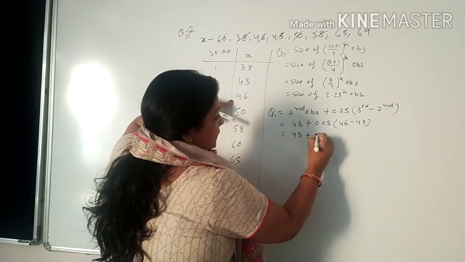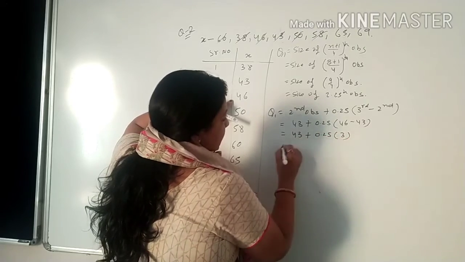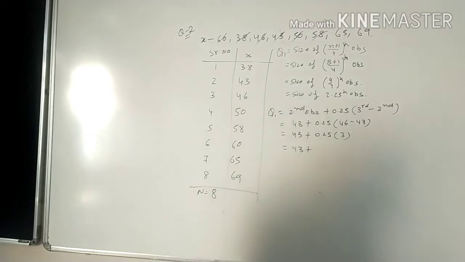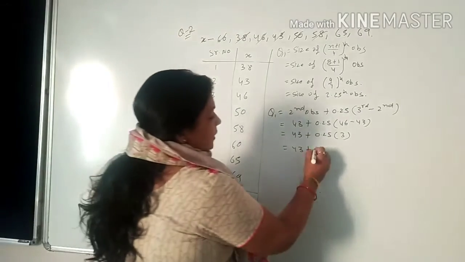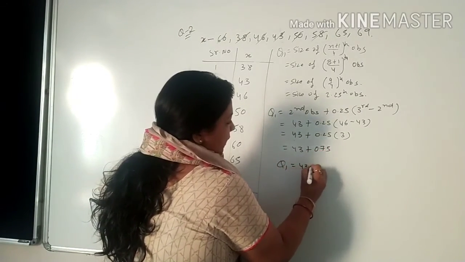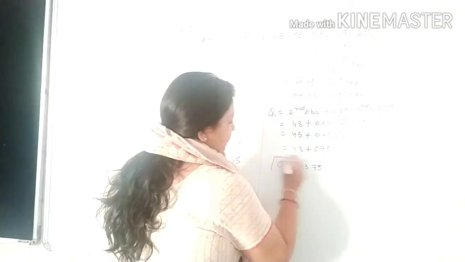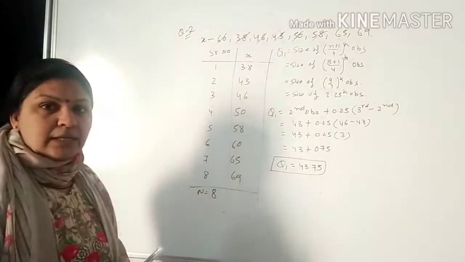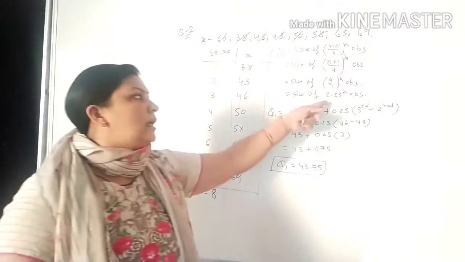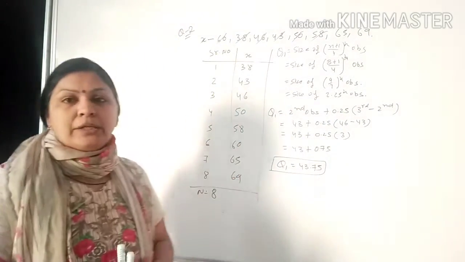So 43 plus 0.25 multiplied by 3, which is 0.75. So your Q1 equals 43.75. Is it clear? That is the different formula we use when we get a decimal position.